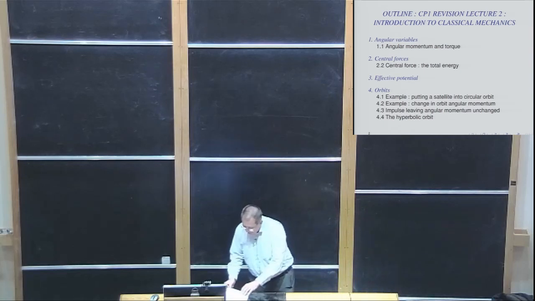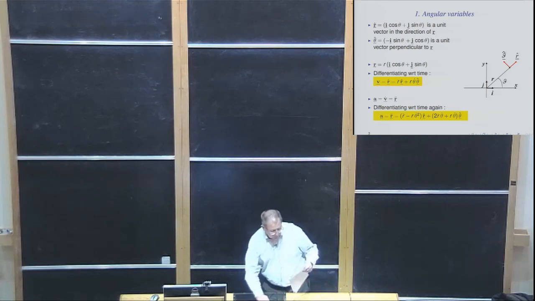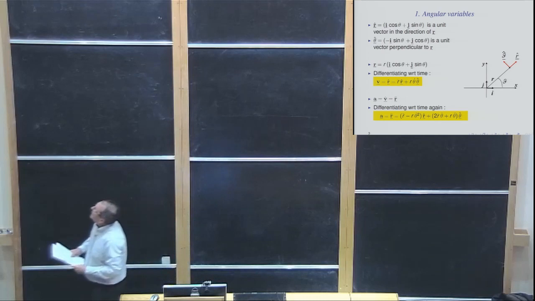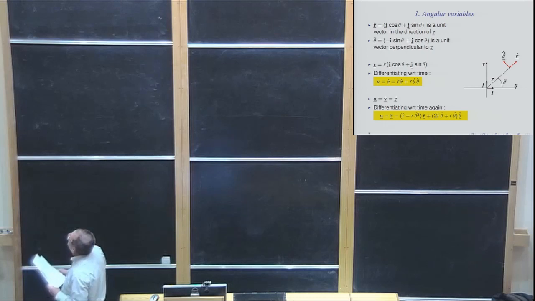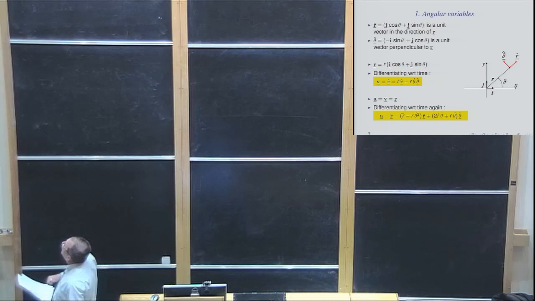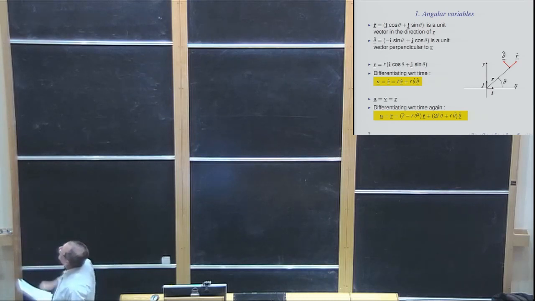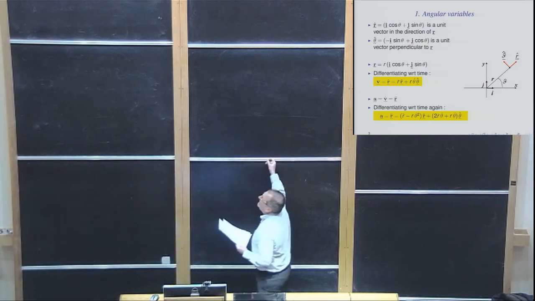Okay, so without any further ado, let me remind you of the definitions, and when we're talking about orbital motion, it's very convenient to work in polars with r and theta. So we begin by reminding you that one can write the velocity vector v in terms of these quantities.